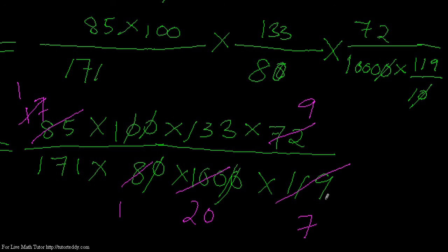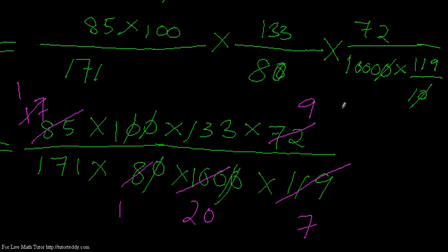Next see, we have 133 above. This is 9 here. Is 171 divisible by 9? 9 twos are 18, so that won't happen. 9 ones are 9.